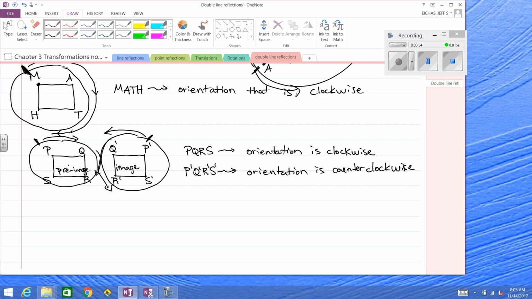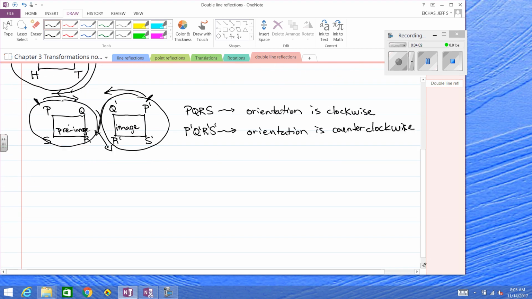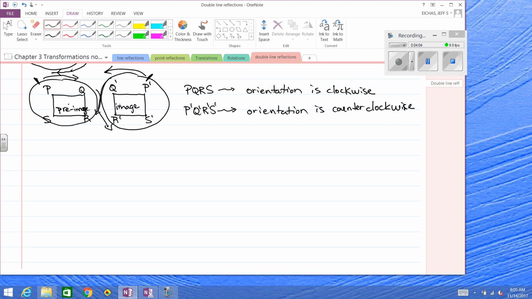I say at least one because it could have been three, but we'll get into that later. Now, what would happen if we do a second line reflection? If each line reflection switches orientation, a second one would switch it back.